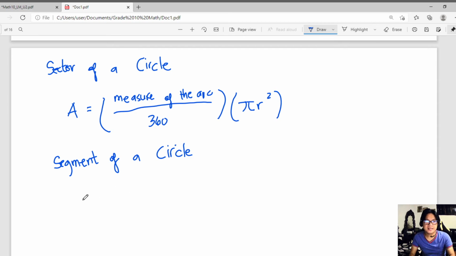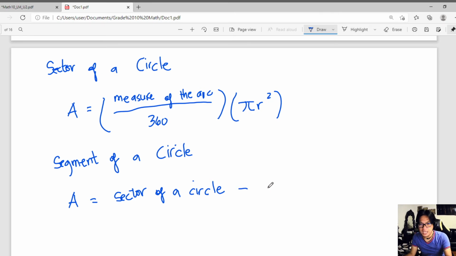So, in finding the area of a segment of a circle, the crust, the hard part of the pizza, you first find the area of the sector of a circle, minus the area of the triangle.